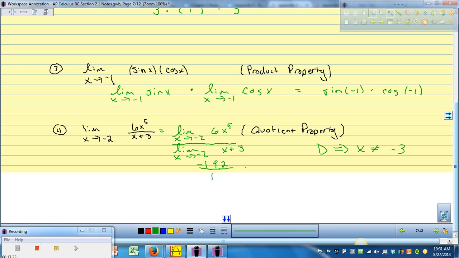I might have another property or two. We'll see. Any questions on what we did there? All right. Now let me be clear. You need to be aware of these properties. You do not have to always write out the limit of 6x to the 5th over the limit of x plus 3. We still just plug in, but we need to know that these properties are why we can simply just plug in as we go. Okay?